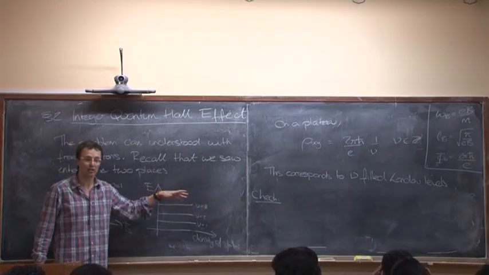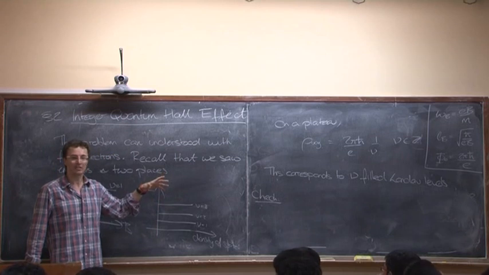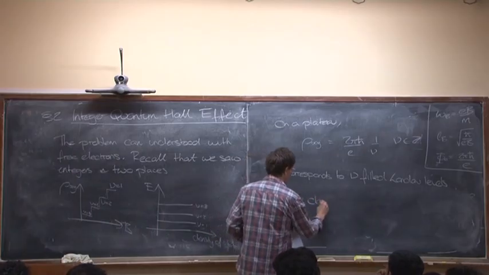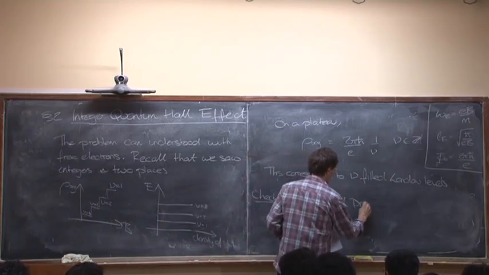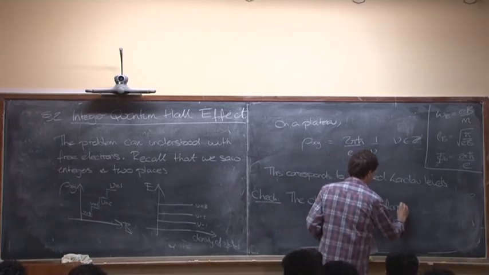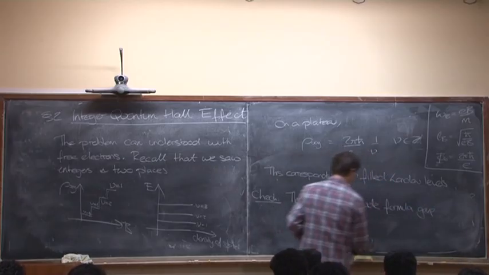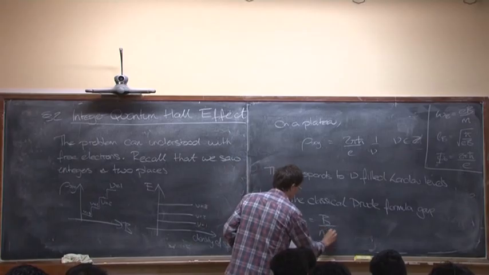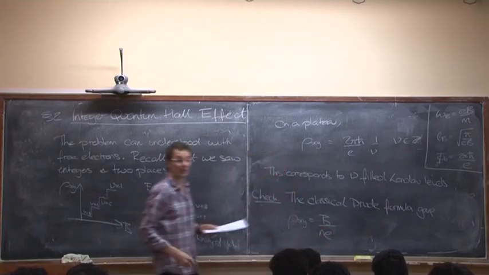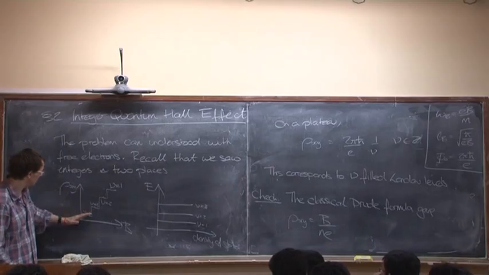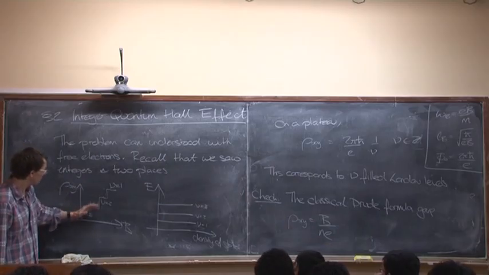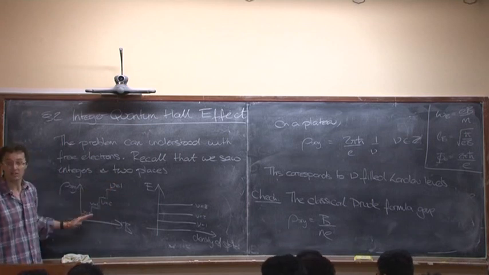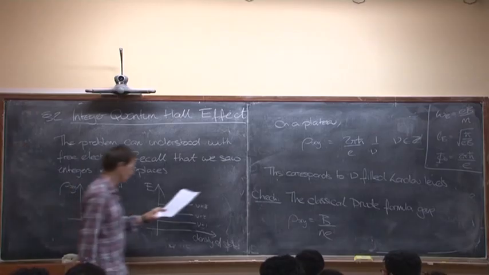Let me do the simplest calculation here, which is completely classical, actually. So the classical Drude formula that we derived in the last lecture told us that rho xy was B over n e, where n is the density of electrons. Remember, the classical Drude formula is valid here because although it goes up in steps, it does go up in line with the classical expectation. So the centers of the plateaus are basically where the classical Drude formula holds.